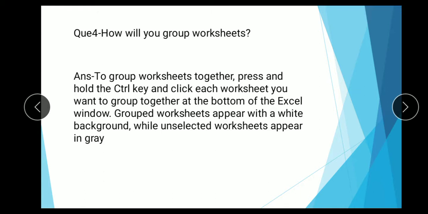These three sheets are grouped and shown with a white background, and the remaining unselected sheet 4 and sheet 5 appear in gray. Through this method you can easily group worksheets.